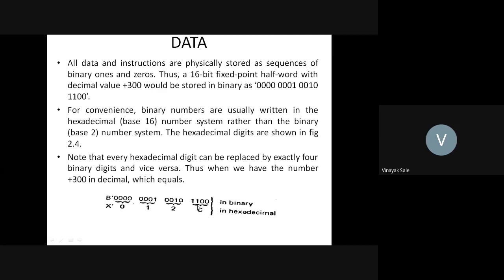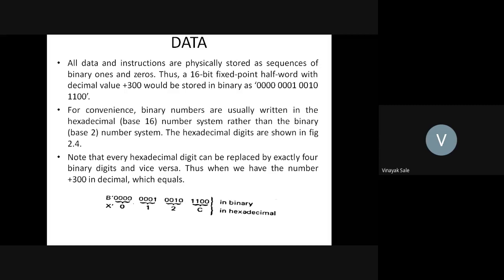In hexadecimal it is C. In binary format, 0010 is the value 2. Then 0111 is the value 7, then 0001 is the value 1. Then 0000 is 0. So for convenience, we write the binary values in hexadecimal format.